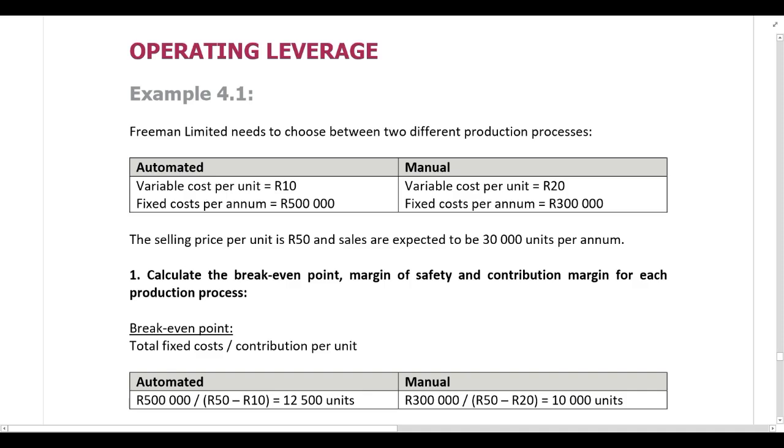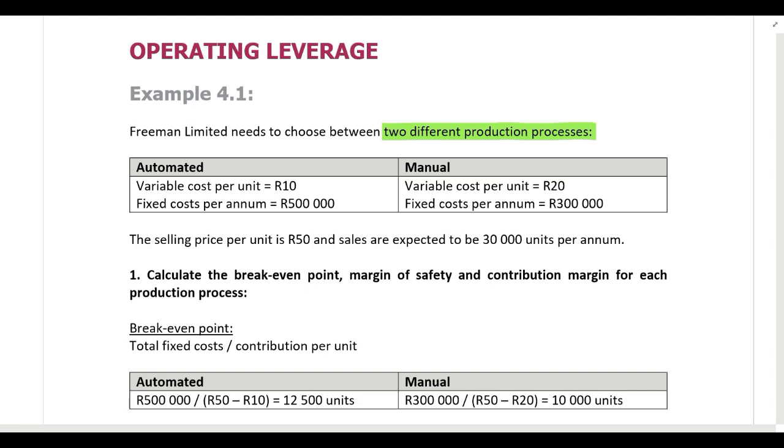Freeman Limited needs to choose between 2 different production processes. So just below, you've been provided with information relating to an automated production process and also information relating to a manual production process. Now you can see the manual process has a higher variable cost per unit, and that's because the manual process won't really include a lot of machinery, but instead the work will be done by laborers.